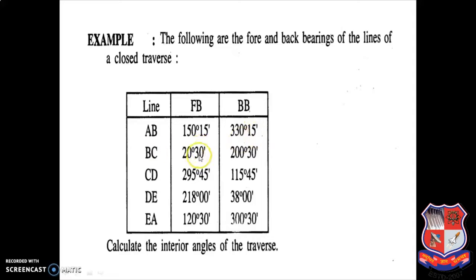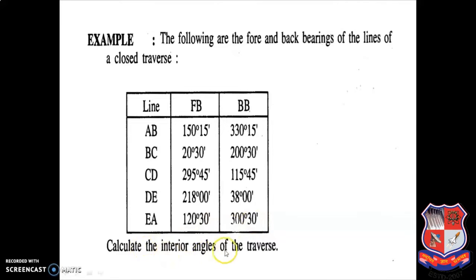For line BC, forebearing is 20 degree 30 minute, and back bearing is 200 degree 30 minute. For line CD, forebearing is 295 degree 45 minute, and back bearing is 115 degree 45 minute. For line DE, forebearing is 218 degree 0 minute, and back bearing is 38 degree 0 minute. And for line EA, forebearing is 120 degree 30 minute, back bearing is 300 degree 30 minute.